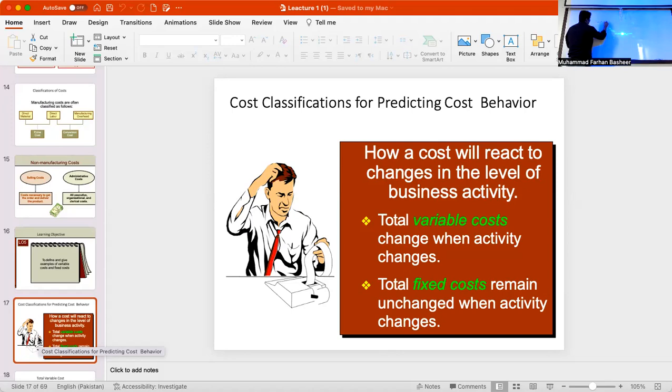Direct cost and indirect cost. Direct cost is traceable per unit, and is the sum of direct labor and direct material. And indirect cost is basically MOH, manufacturing overhead cost.